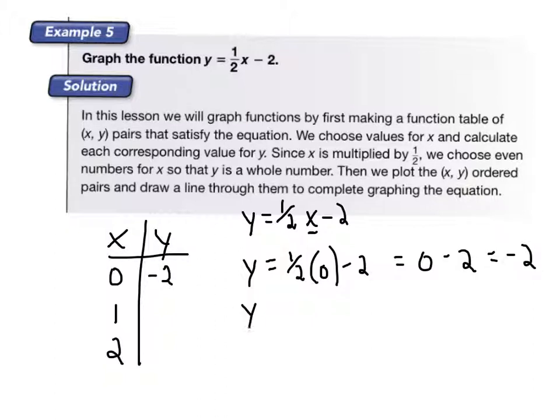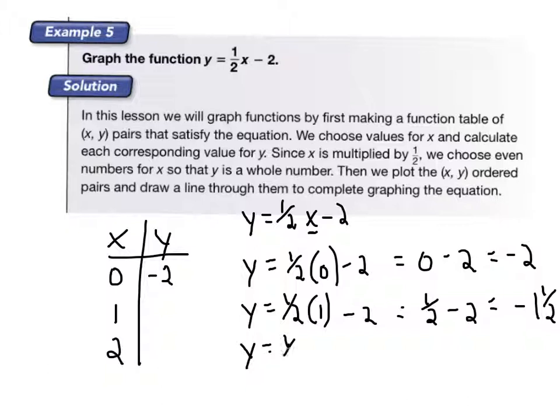Then I'm going to substitute 1 where the x is: 1/2 times 1 minus 2 equals, so 1/2 times 1 is just 1/2. 1/2 minus 2 is equal to negative 1.5. And then I can do y equals 1/2 of 2 minus 2.